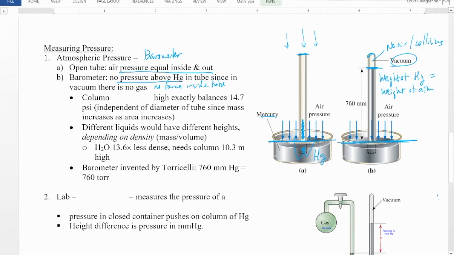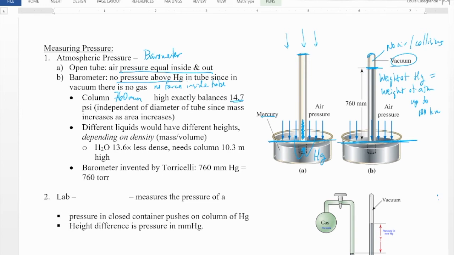Now remember that the atmosphere goes all the way up to that 100-kilometer mark. So in just 760 millimeters, less than a meter, the mercury, because it's so dense, and let's write that in here, 760 millimeters of mercury. Mercury is so dense that it has the same weight, 14.7 pounds on every square inch, pushing down on that mercury, or pushing down on the air.